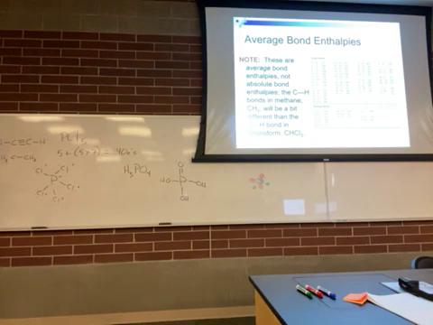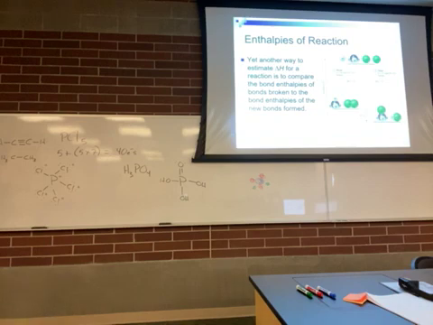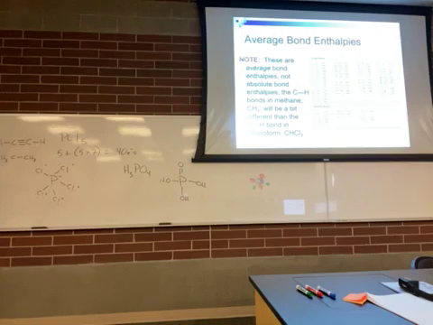So let's see how to use this table. It's not that difficult. Again, this is just adding, subtracting, and multiplying. I do have to keep track of who's going where. That's all we have to do. So let's say that I know how much energy is associated with the breaking of a chlorine-chlorine bond. Well, I know that because it's right here. Right there, 242. The breaking of a carbon-hydrogen bond is 413.